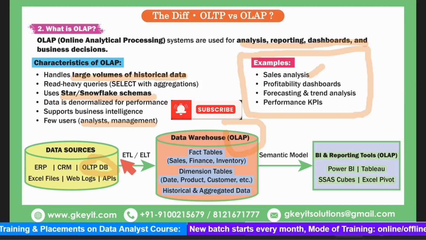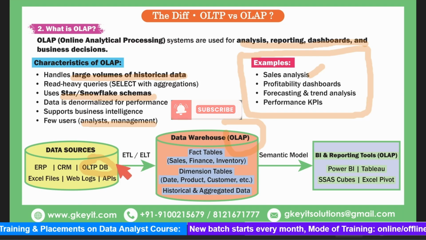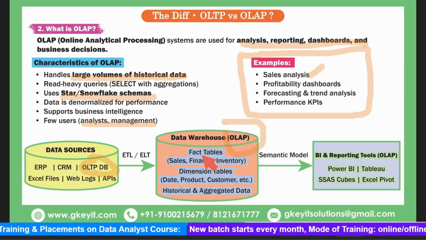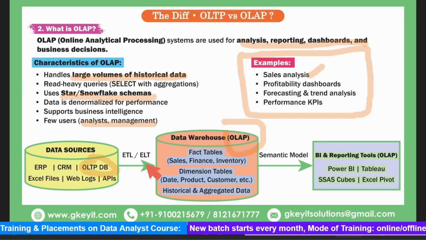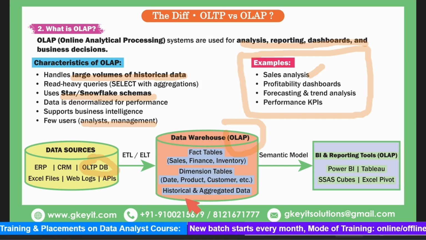By using ETL tools like Informatica, DataStage, SSIS, the data is extracted and placed in data warehouse systems. By using ETL, that means extract, transform and load operations, the data gets into the fact tables like sales, finance and inventory, and dimension tables like date, product, customer, etc. And these tables maintain the historical and aggregated data.